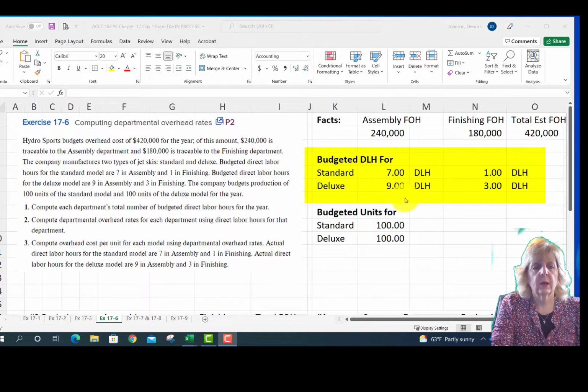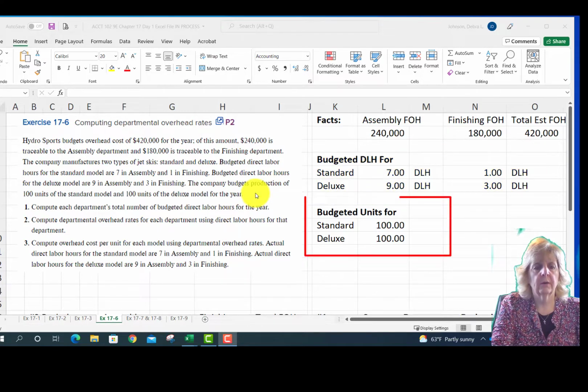Budgeted direct labor hours on the deluxe model are more than that, 9 in assembly and 3 in finishing. The company budgets production of 100 units of the standard model and 100 units of the deluxe model.